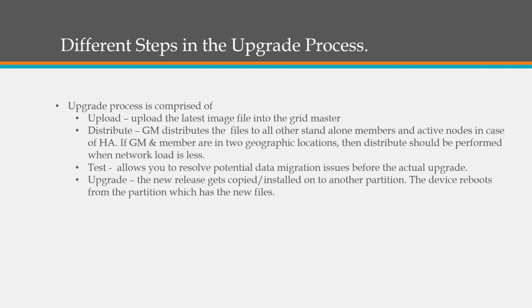Once the active node gets it, through the block sync, which I have already explained in my previous video about how the communication between the active and the passive node in an HA happens, these files will be synced from the active node to the passive node.